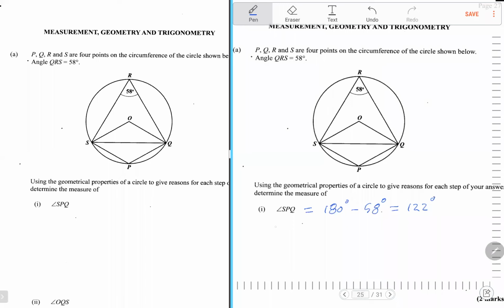The reason for that is that opposite angles in a cyclic quadrilateral are supplementary.